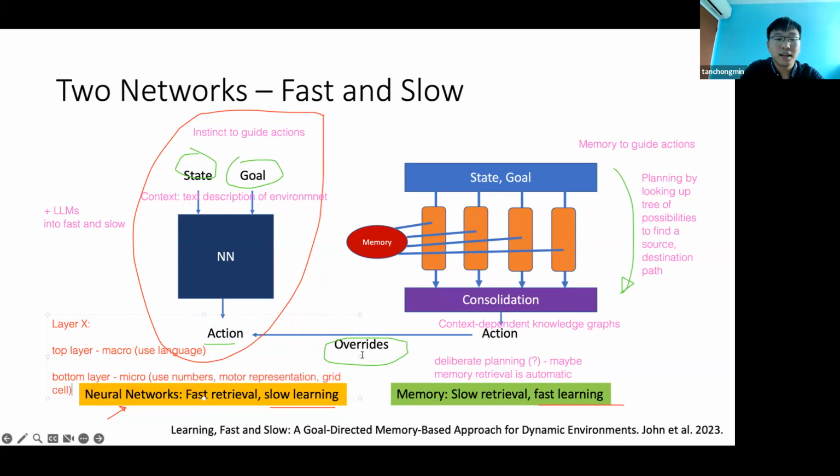Whatever I did for this paper will be more of the micro level; at a more macro level, you talk about context in text. So this plus LLMs will likely be for a more macro level kind of planner.